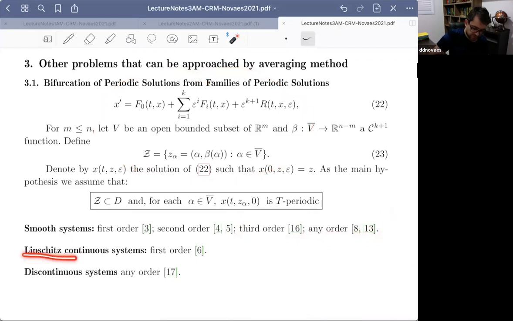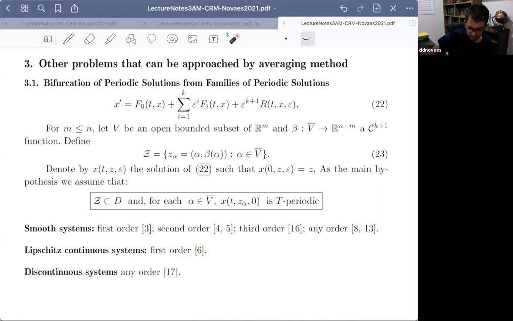In the Lipschitz continuous context, you can find results of first order analysis here. It's a work of Llibre, Makarenkov, and Buica. For discontinuous systems, you can find some results here. It's a work of mine with Jaume and Camila Rodrigues.